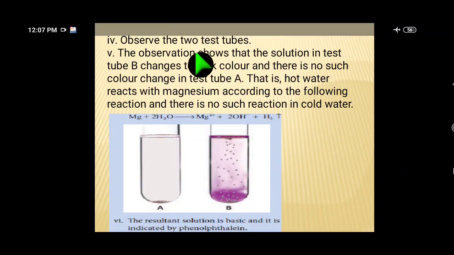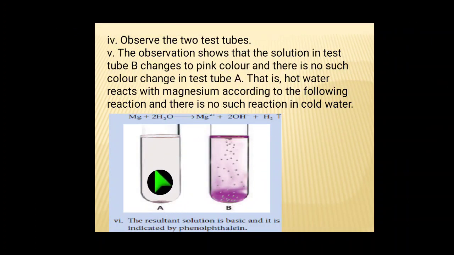Observe the two test tubes, A and B. The observation shows that the solution in test tube B changes to pink color, and there is no such color change in test tube A. So hot water reacts with magnesium, and there is no such reaction in cold water.